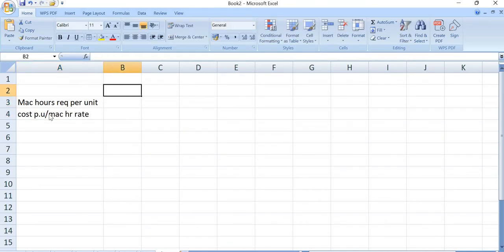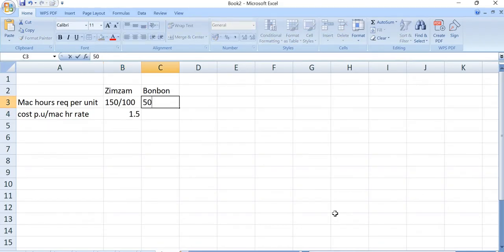So for Zimzam and Bonbon, we will be calculating. For Zimzam, we already calculated 150 divided by 100, that is 1.5, and here it is 50 by 100, that is variable. So 0.5 we have already calculated.